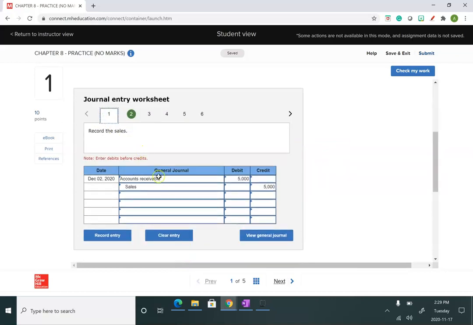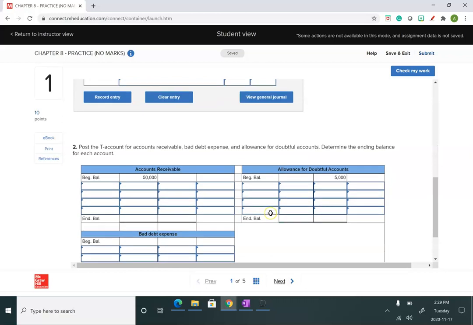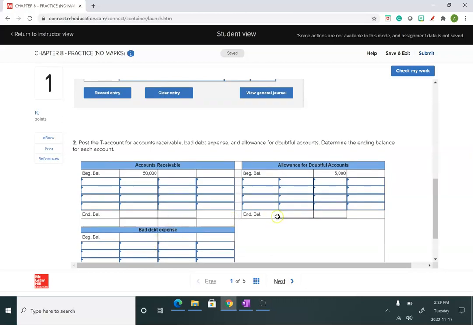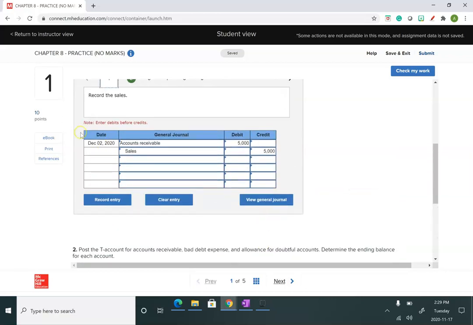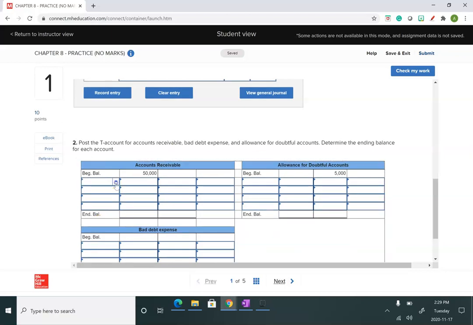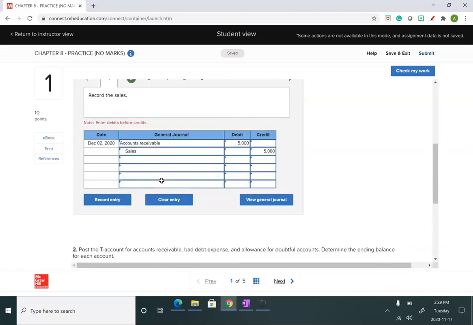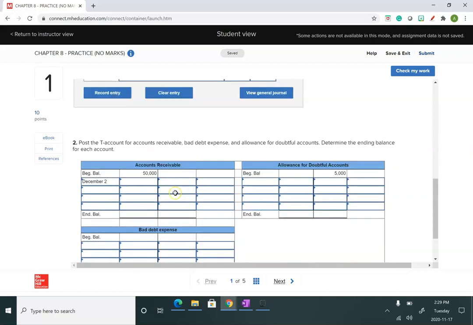So whenever it hits accounts receivable or allowance for doubtful accounts or bad debt expense, I'm going to put that in there. So December 2nd, I'm going to put that $5,000 accounts receivable in here. There we go. Make sure I have enough zeros.